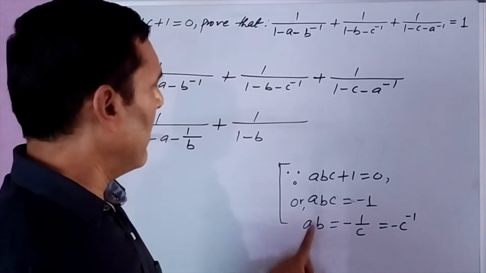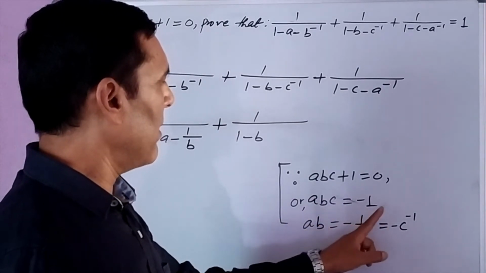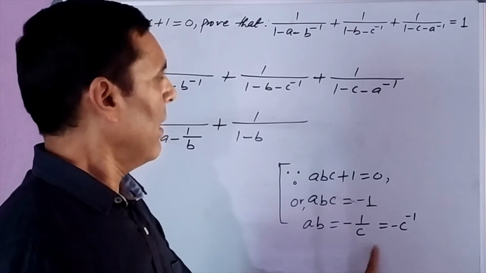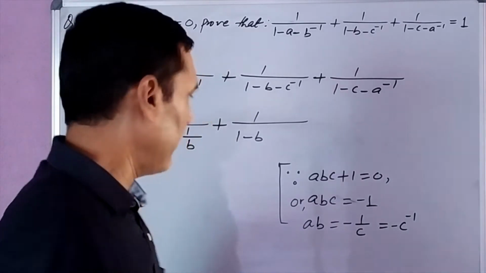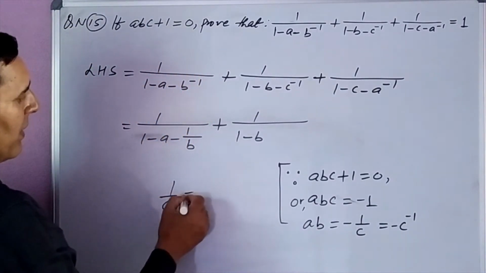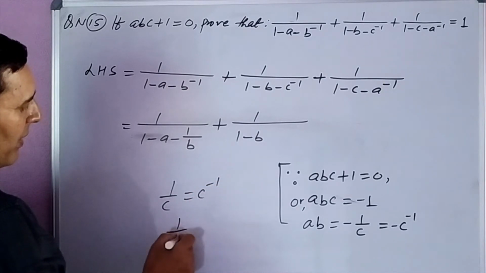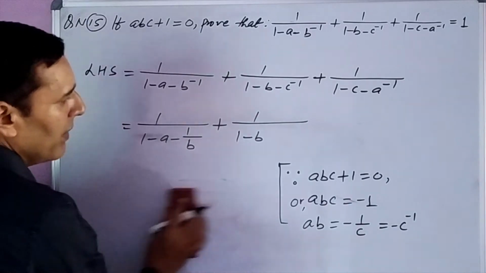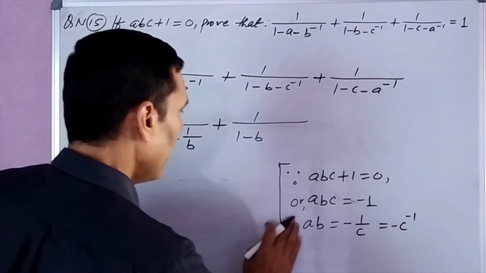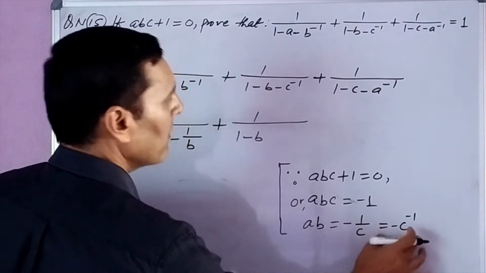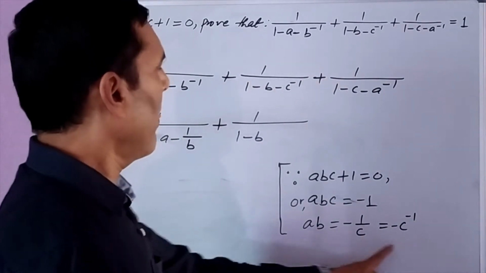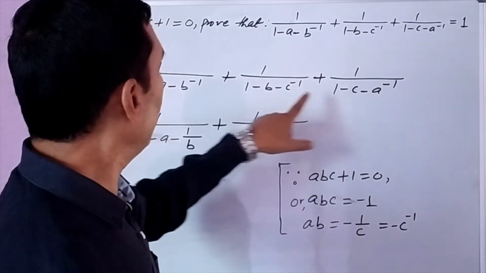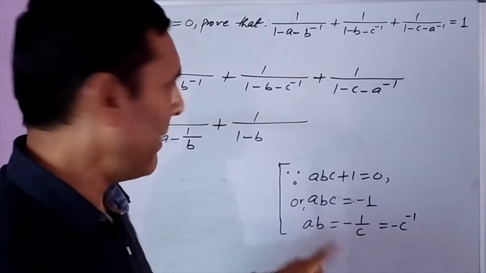And ab is equal to, when this c goes to divide this minus 1, it is minus 1 upon c, and that is c to the power minus 1, because 1 upon c is c to the power minus 1. 1 upon a, you know that it is a to the power minus 1, and this minus sign is there. So the minus c to the power minus 1 can be replaced by plus ab.